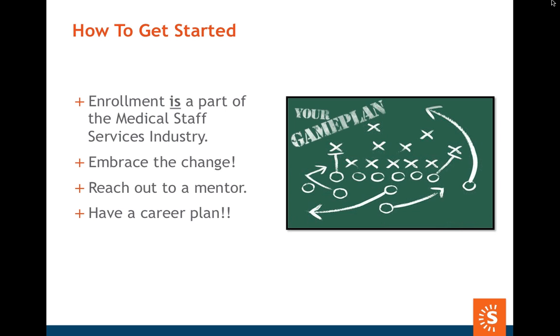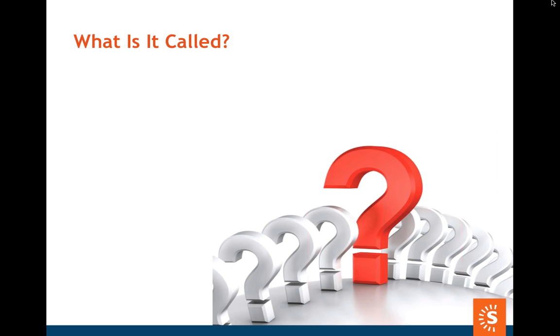Just as Dina had mentioned, we all need help, regardless of what level we're in. And if you want to learn more about enrollment, talk to a colleague who may be doing it, or talk to an insurance carrier and find out from their perspective how they manage these practitioners and this process.